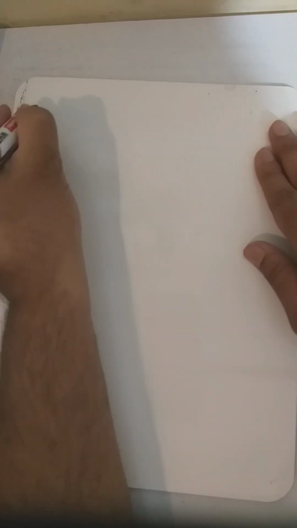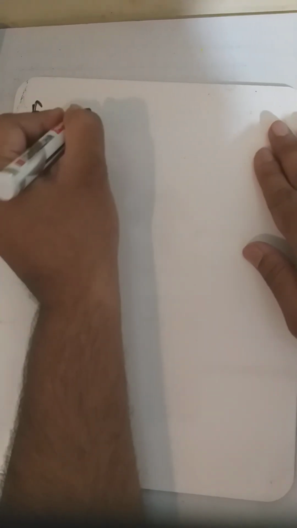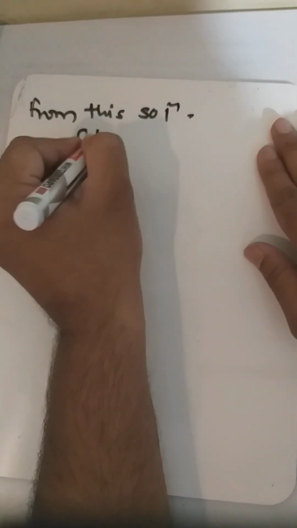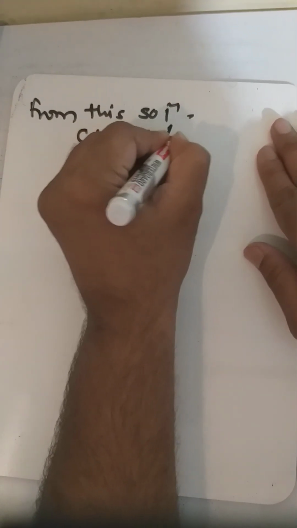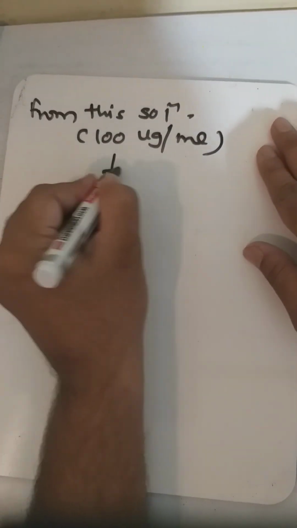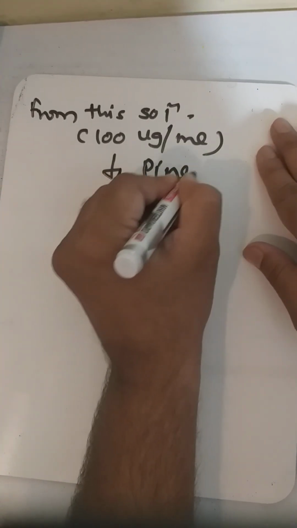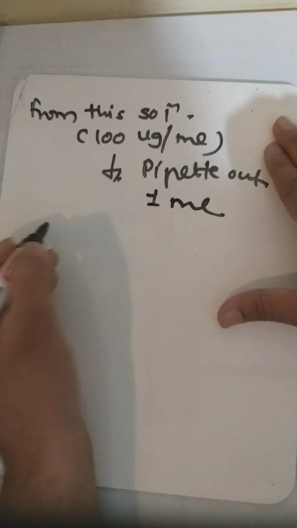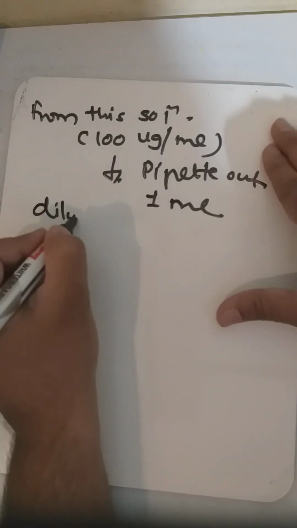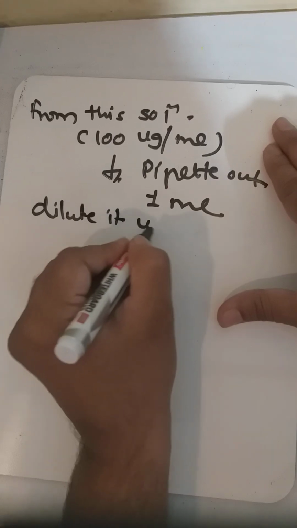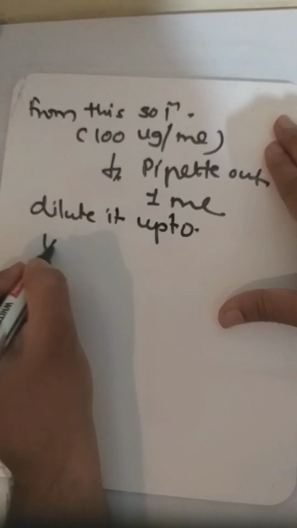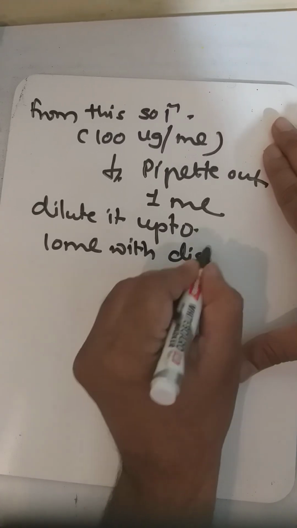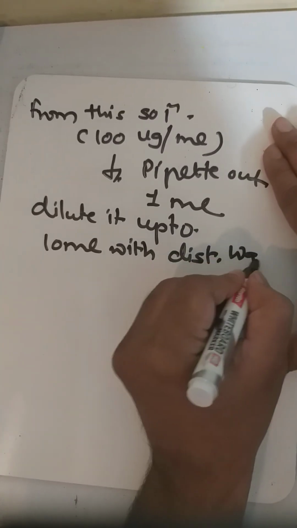Now from this 100 microgram per ml solution, you have to pipette out 1 ml of solution and then dilute it up to 10 ml with distilled water.